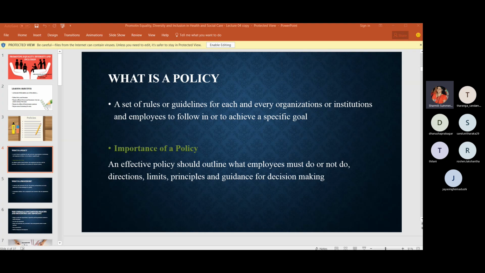Why? Because if the policies and procedures are written, they won't change. They are consistent and very firm, so we can take decisions depending on that firm written document. Then easy accessibility: we can access them easily if we have a printed format.